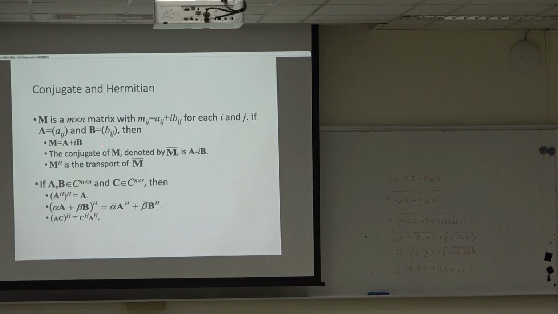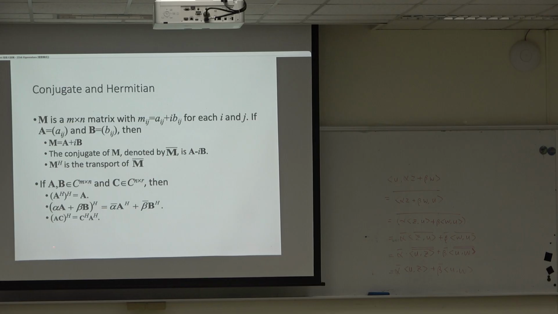Then the conjugate of M, denoted M bar, is A minus iB. This conjugate idea is similar to the scalar case: if it's a plus ib, the conjugate is a minus ib. And M^H, again, is the conjugate and then transpose, so it's the transpose of M bar.